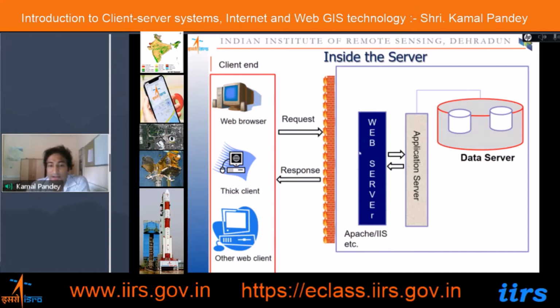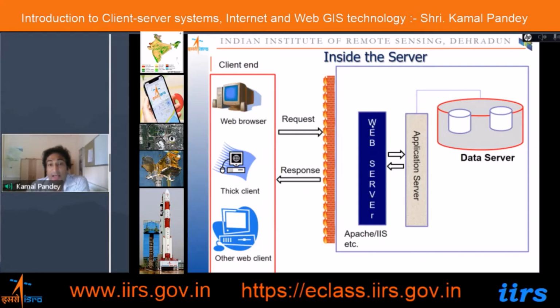Now your server contains one software also that is called a web server. There are many web servers which are available in the market. One or two I have written over here, Apache or Internet Information Services. This is from Microsoft. Okay, so your hardware contains one software as well. We call that software the web server.